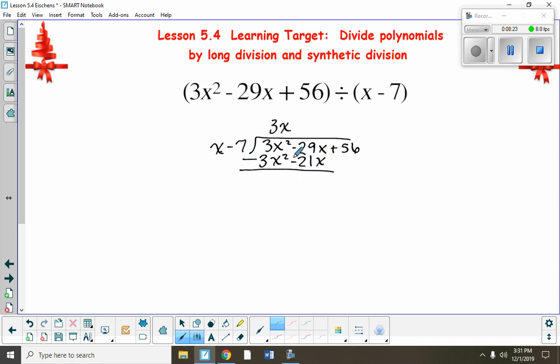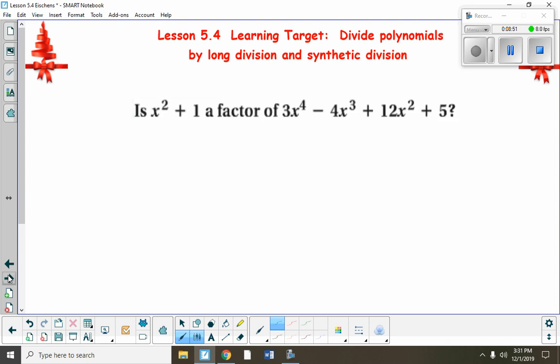So we change the signs. So that gives us a negative 8x plus 56. Now we divide again. That would be negative 8. So now we have negative 8x plus 56. And then we change the signs. So because we're subtracting, minus a minus is a plus, and that's a minus, and so the remainder in that one is 0.